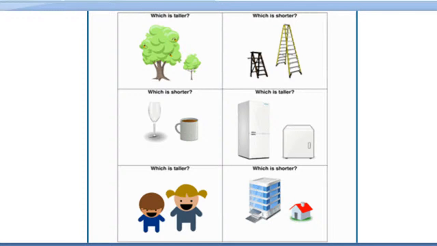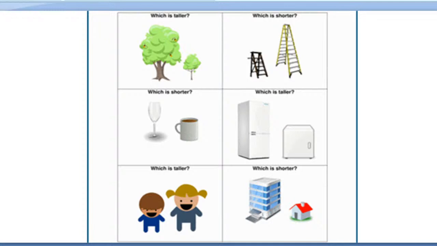Those who have written left tree, it is totally correct. In the picture there are two trees and the left tree is the taller one. Very good.